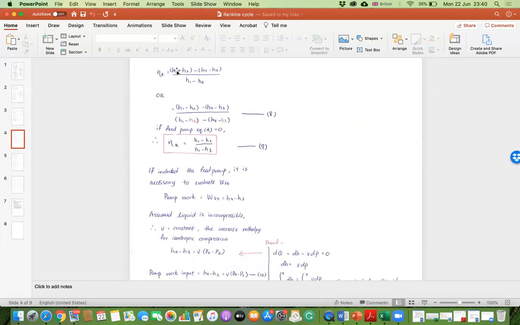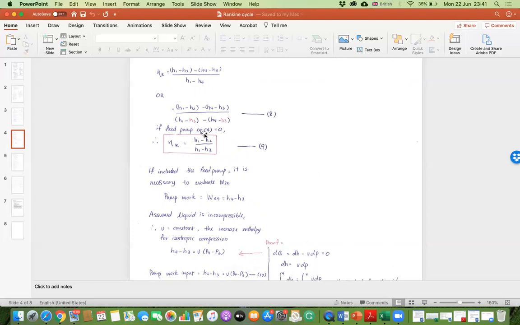This is the Rankine cycle efficiency, or we can use this way: we can substitute the enthalpies in equation 8.